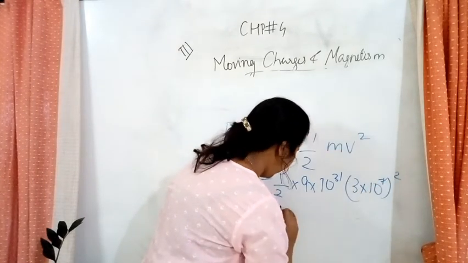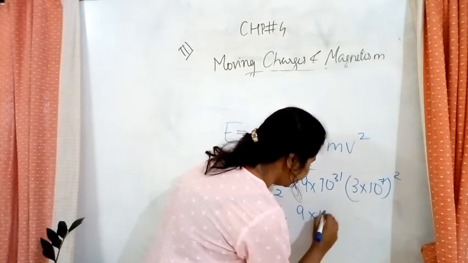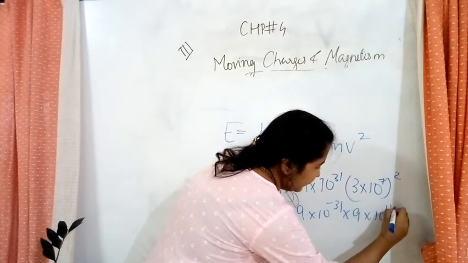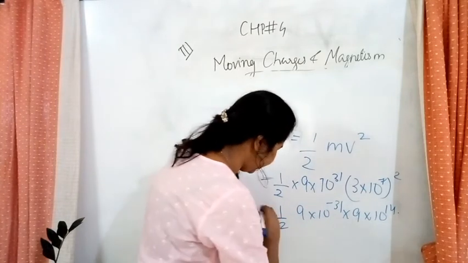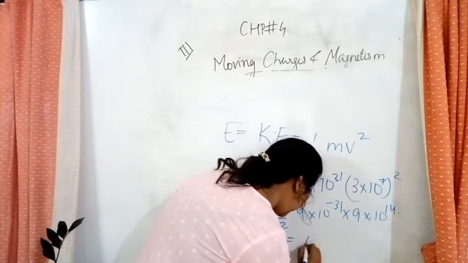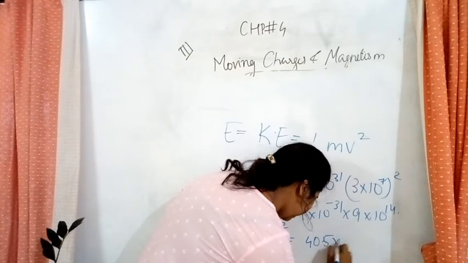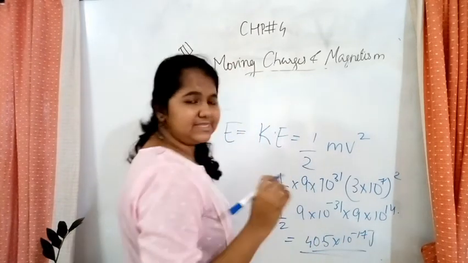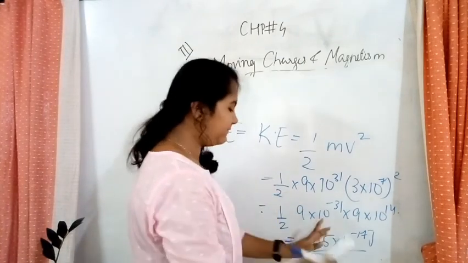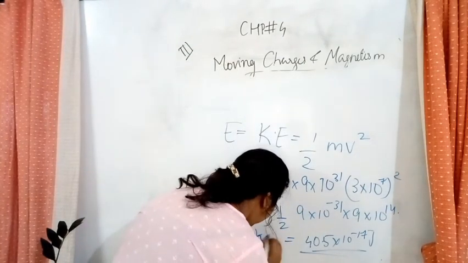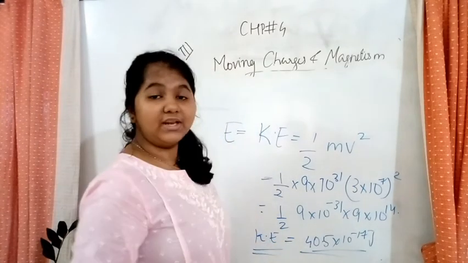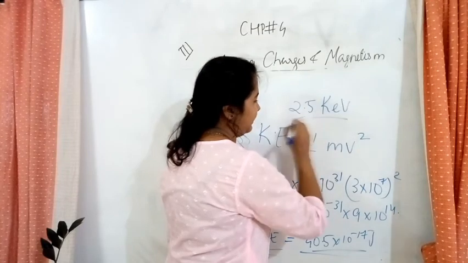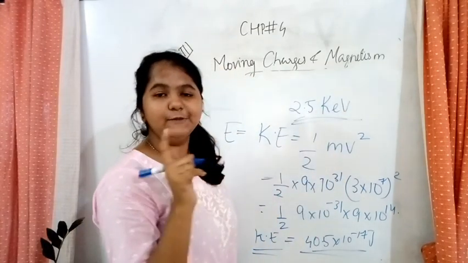That is half into 9 into 10 raised to minus 31 into 9 into 10 raised to 14. Let's solve this equation. When you solve this, you get 40.5 into 10 raised to minus 17 joules. That is our answer. So we have found out the kinetic energy. Or else you can write it as 2.5 keV. So this is the answer for the first question.